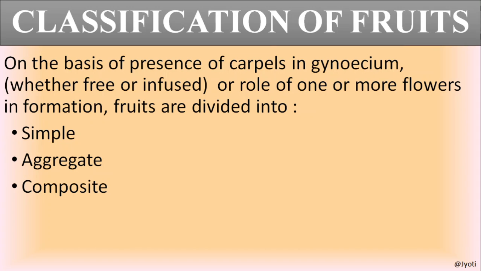Then aggregate fruit. Aggregate fruit is always developed from a multicarpellary or polycarpellary gynoecium, where the ovary has multiple chambers. Then composite fruit means when the fruit is developed from an inflorescence.